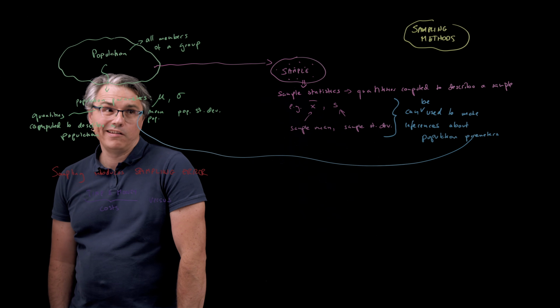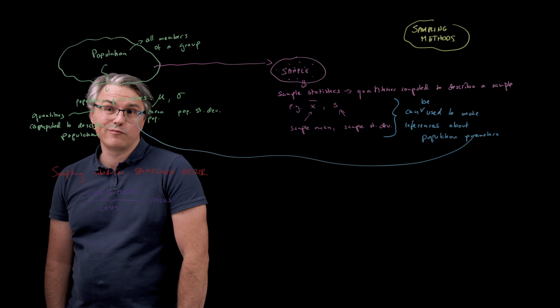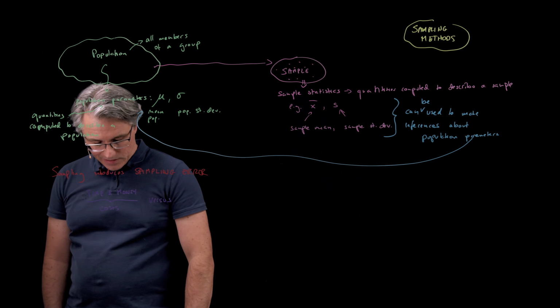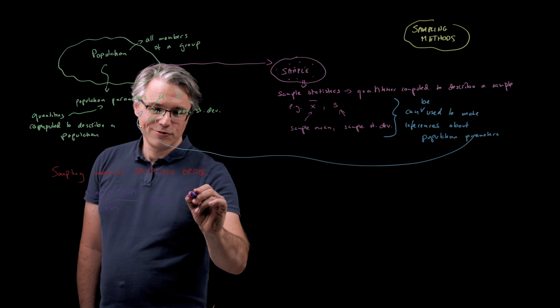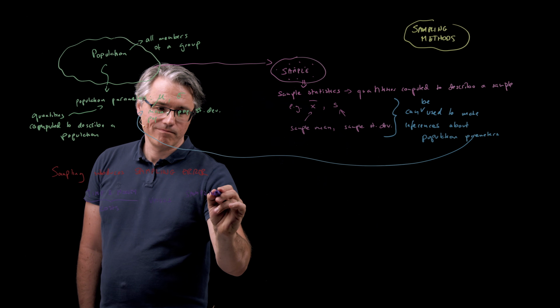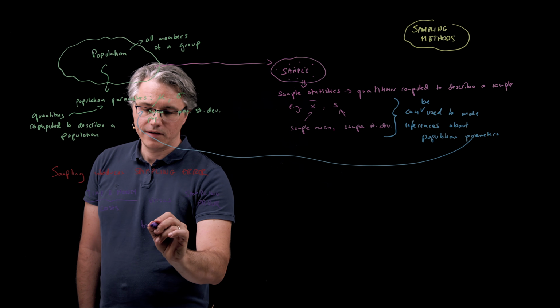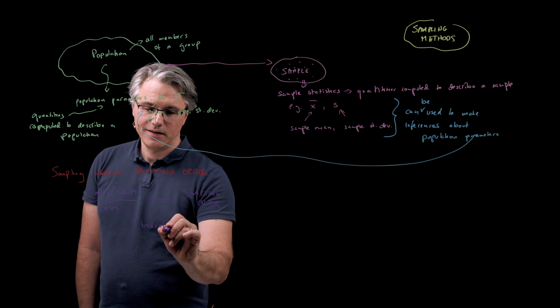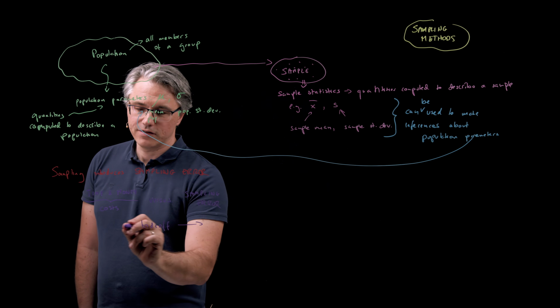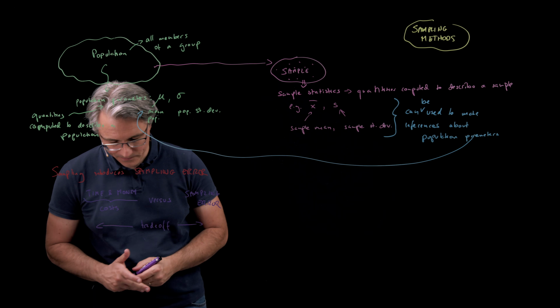So I'm stuck with working on a sample, and that introduces the sampling error. And there's a trade-off that you have to appreciate the existence of, right?